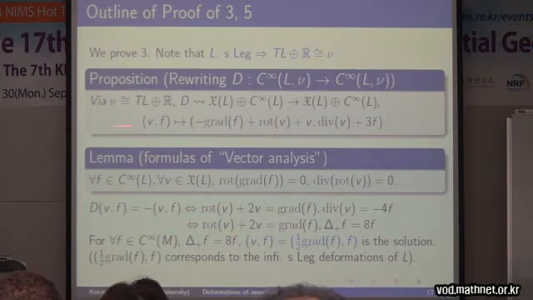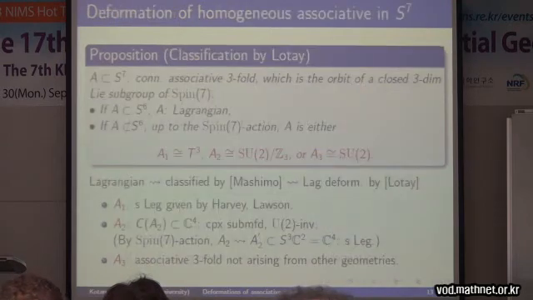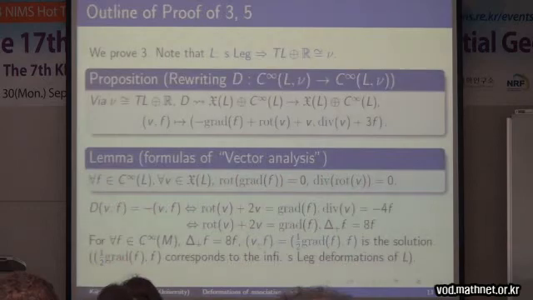Then from this proposition, we easily see that this equation is equivalent to this: rotation v plus 2v equals gradient f, and divergence v equals -4f. These two equations are equivalent to these two equations, which can be seen very easily by using the lemma.